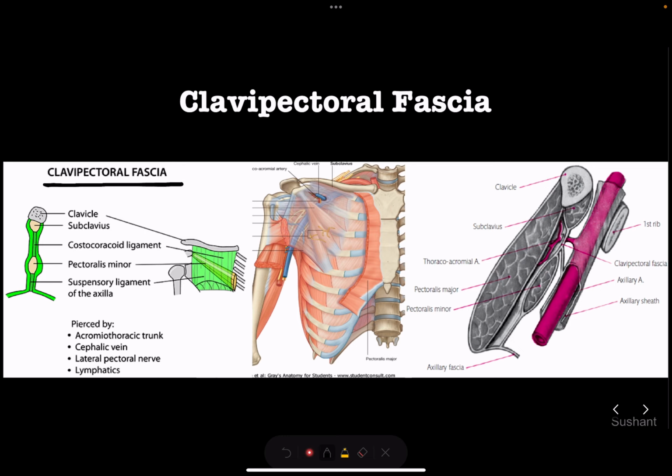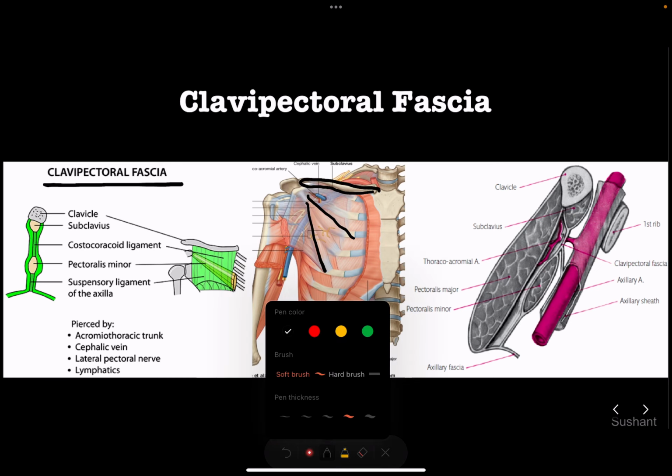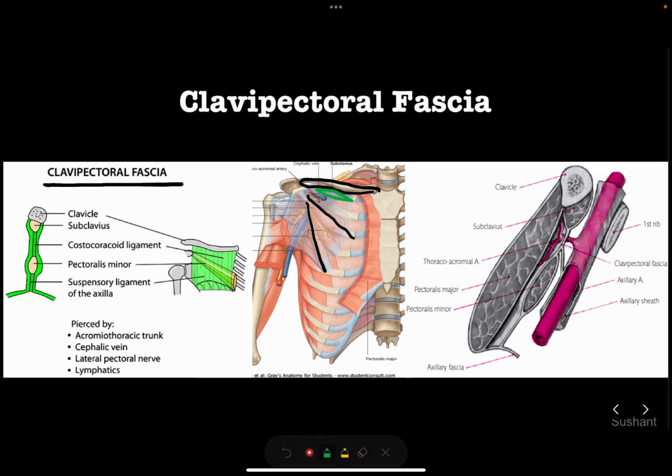It lies deep to the clavicular head of pectoralis major, and it extends between the pectoralis minor and the clavicle. Here is the pectoralis minor muscle, here is the clavicle. So between these we find the clavipectoral fascia. This is an important fascia.